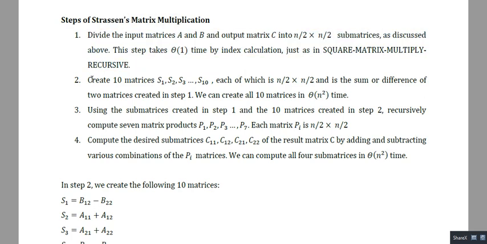So now we'll create 10 matrices named S1, S2, S3 up to S10, right? And each of their order is n by 2 cross n by 2. Okay, and all these matrices will require theta of n square time for creation, right?